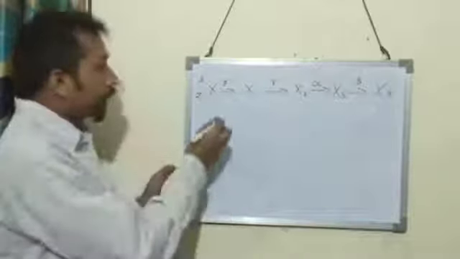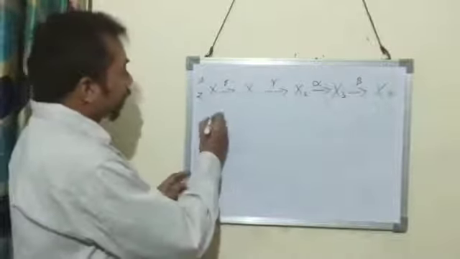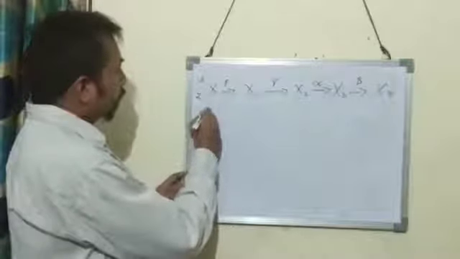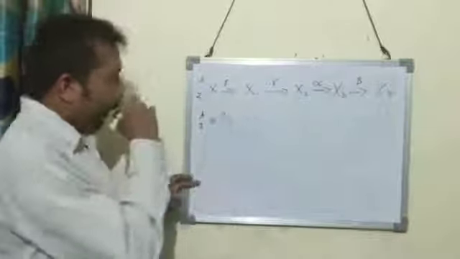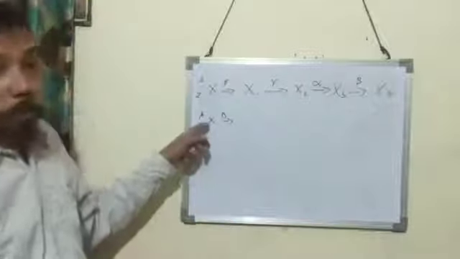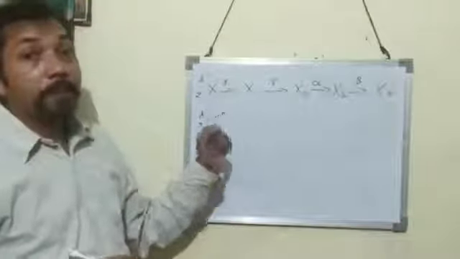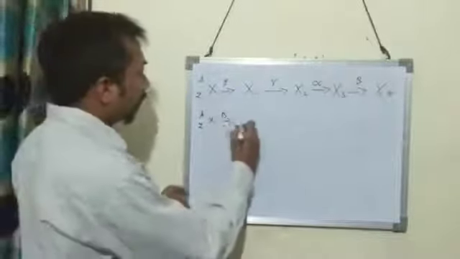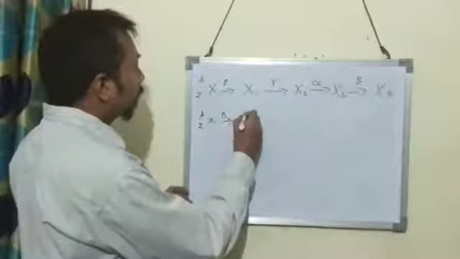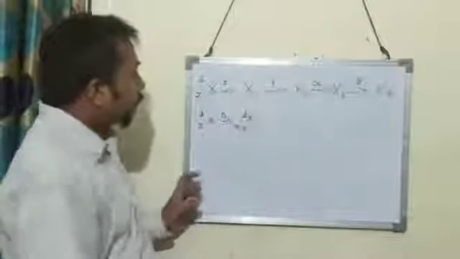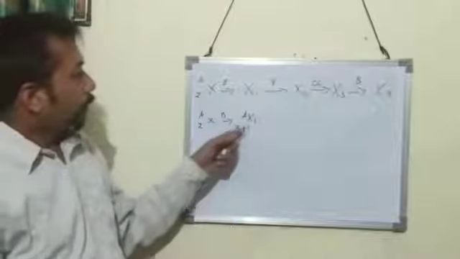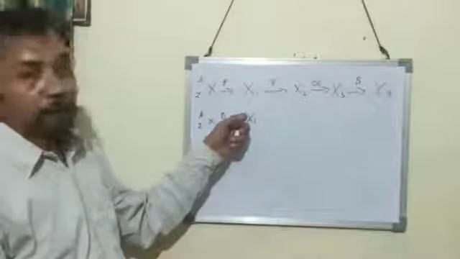During beta emission, atomic number increases by 1 and mass number remains the same. So the atomic number of X1 is Z plus 1 and mass number is A.